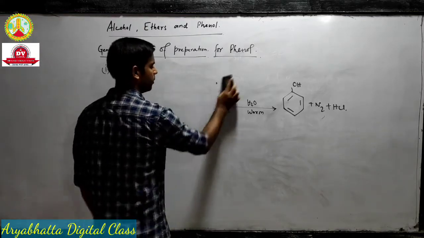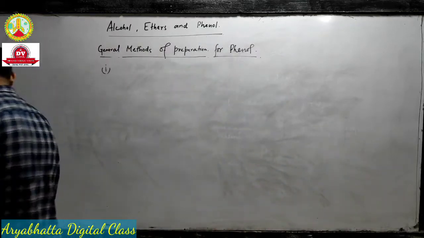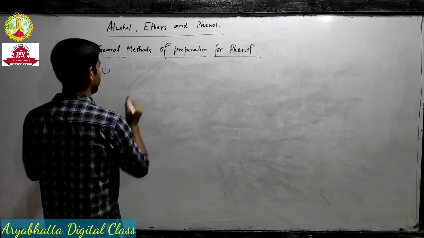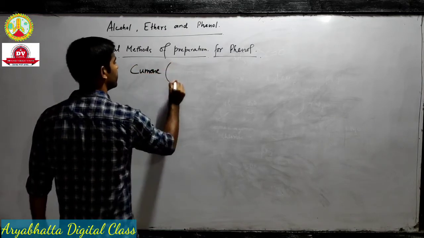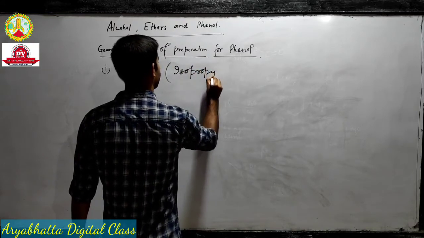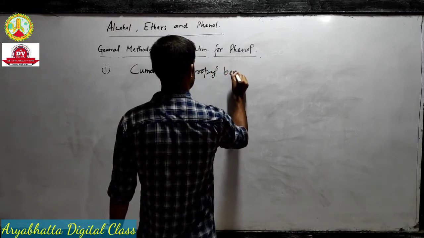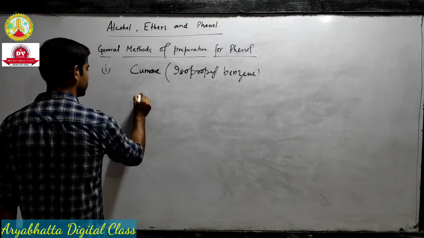Now we will see from cumene. Okay, cumene is isopropyl benzene.